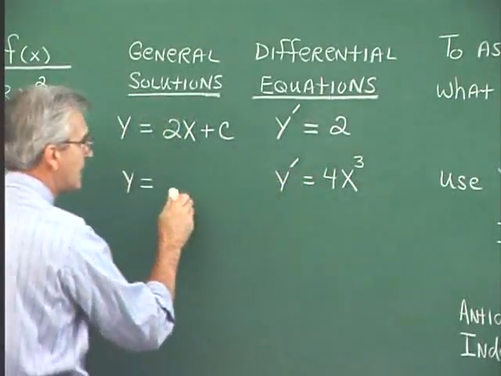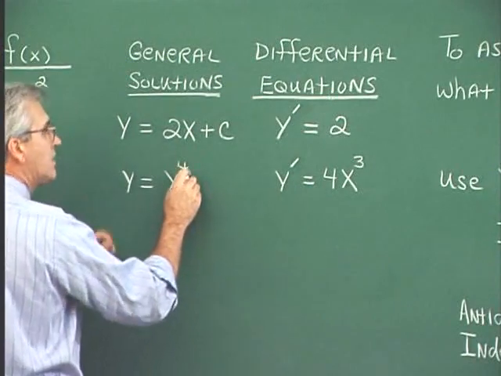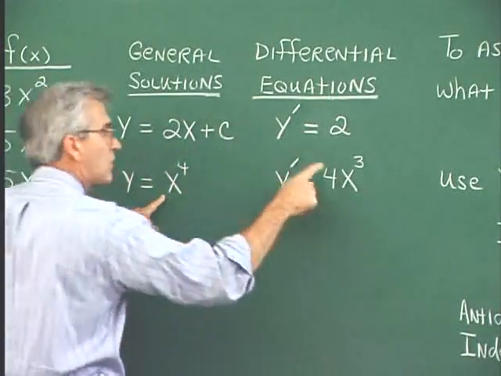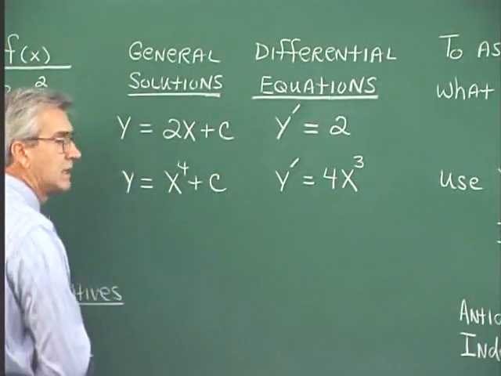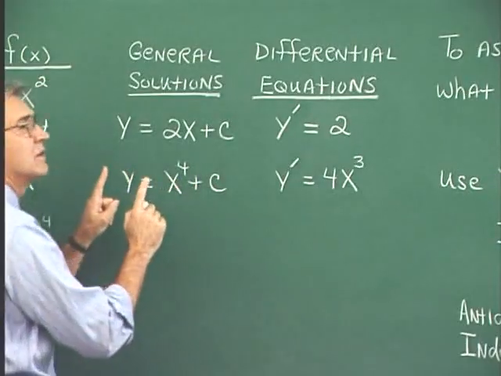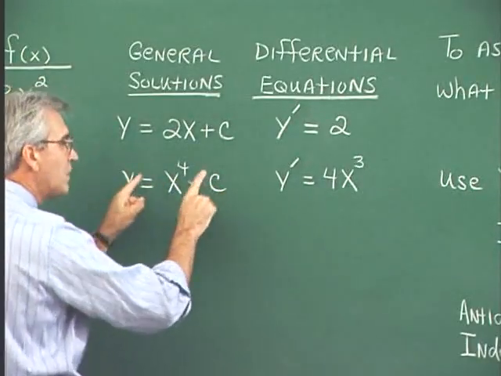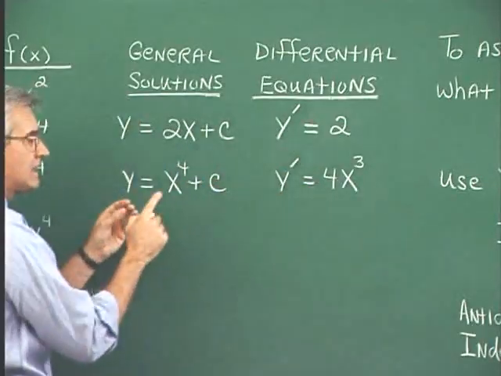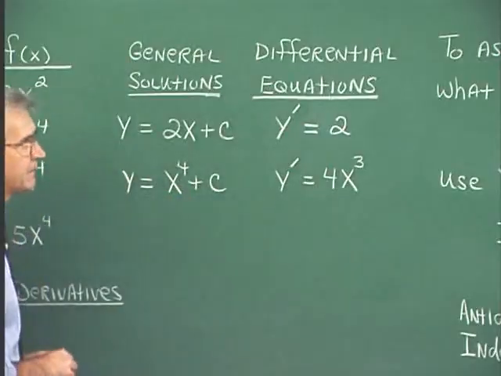That function turns out to be x to the fourth, because the derivative of x to the fourth is 4x cubed. But let's not forget to tack on the plus c. So here is a function whose derivative is that, and it is the family of those functions that we're talking about over here.